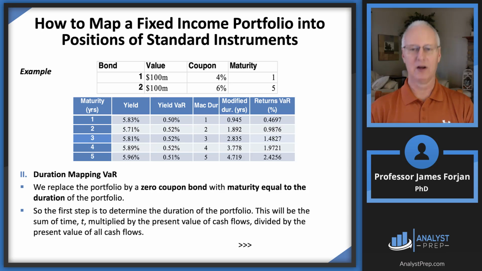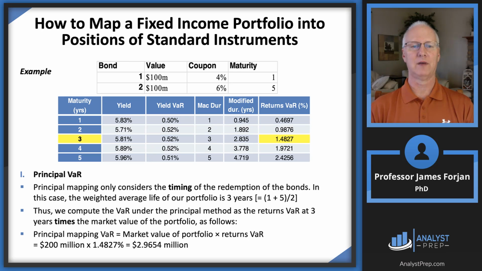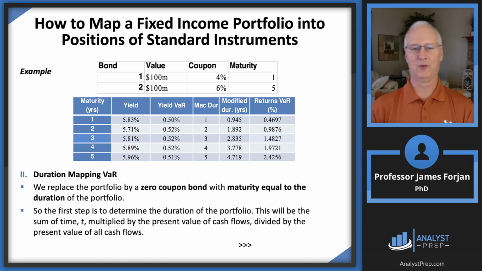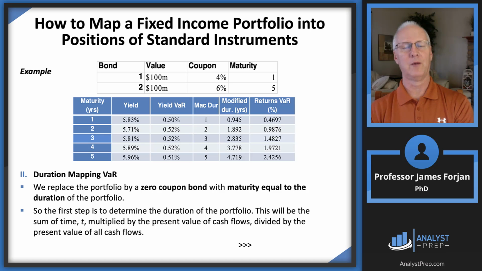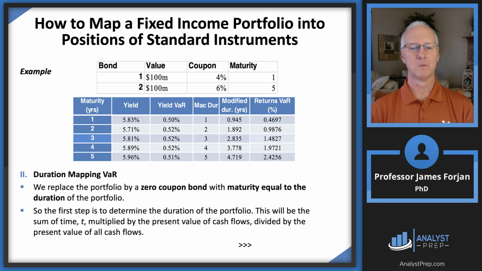And instead of, here, let me go back to this thing. Instead of a 3-year maturity, what we want is a duration matching maturity date, so to speak. I didn't say that very clearly. So notice that first block point. We replace the portfolio by a 0 coupon bond with the maturity equal to the duration of the portfolio.